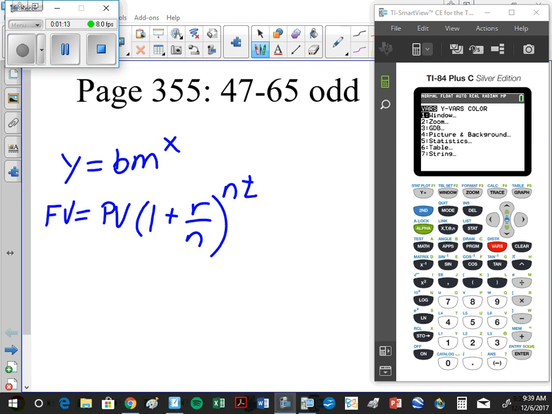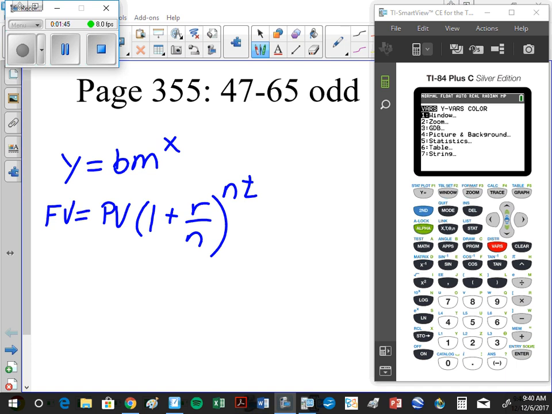But if we compound twice a year, instead of getting 8% at the end, you'll get 4% halfway through the year and another 4% at the end of the year, but you'll end up earning more than you would if you got 8% over the entire year, because the interest in that first half will pay interest in the second half. So if you compounded 4 times a year, so every 3 months, you would get 2% interest after 3 months, and then 2% more after 3, and then 2% more after 3, and then the final 2% at the end.